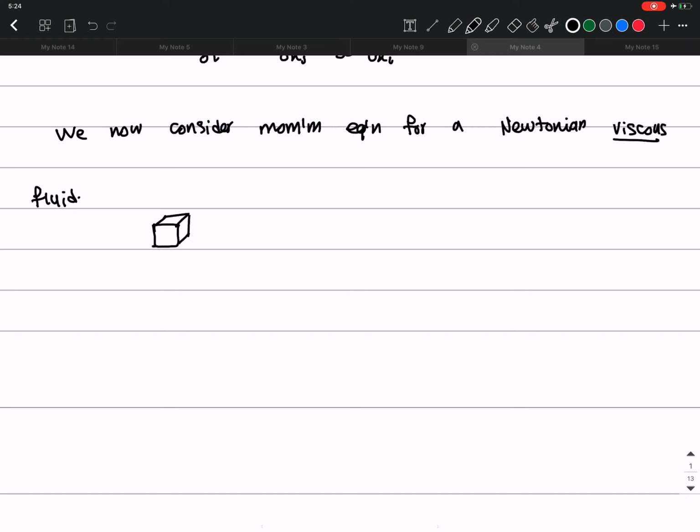One is body forces, which are due to gravitational forces, and the other one are surface forces. So one volume forces or body forces, and one contact forces. The contact forces could be any stresses applied to this particle.